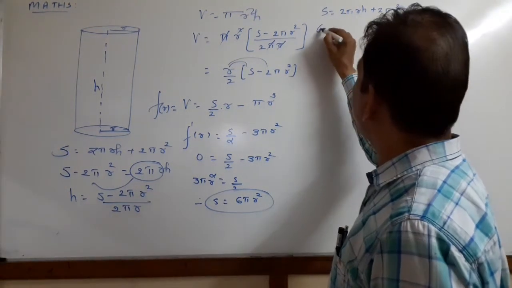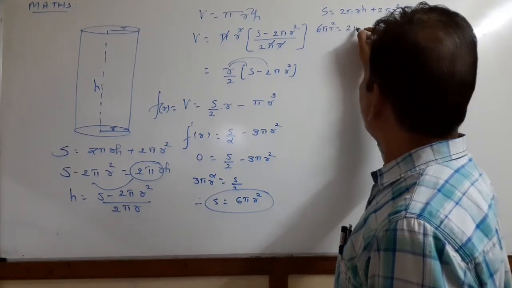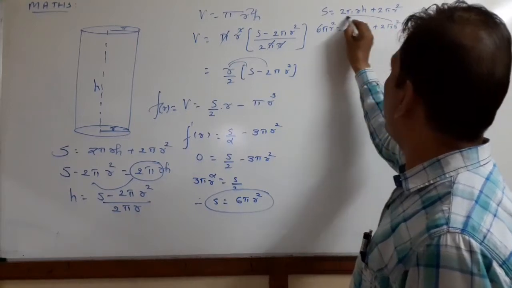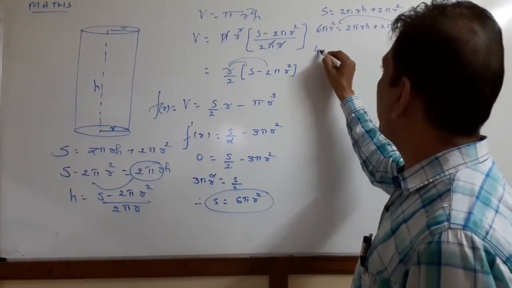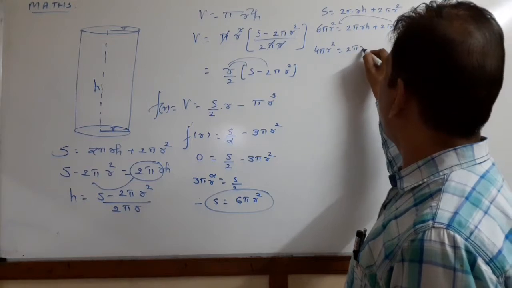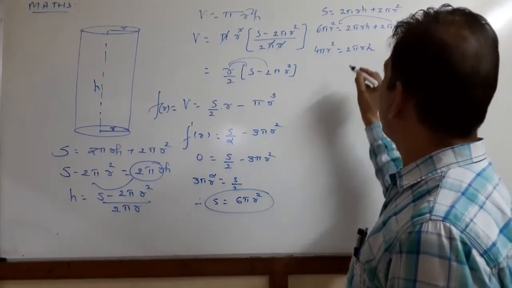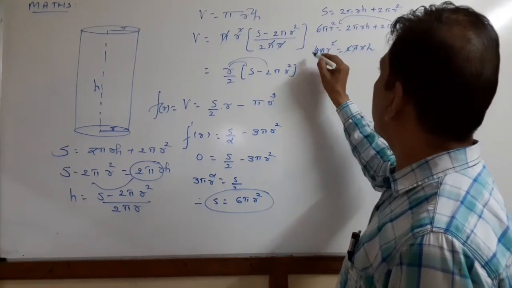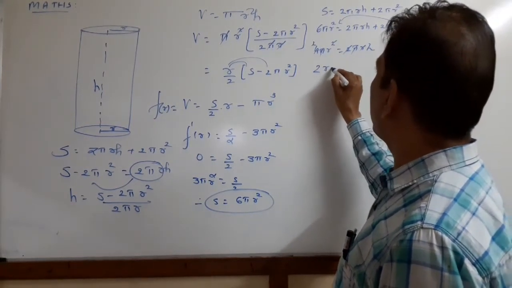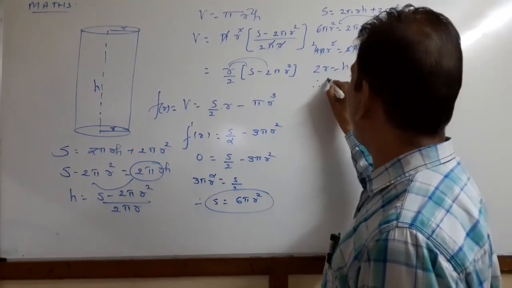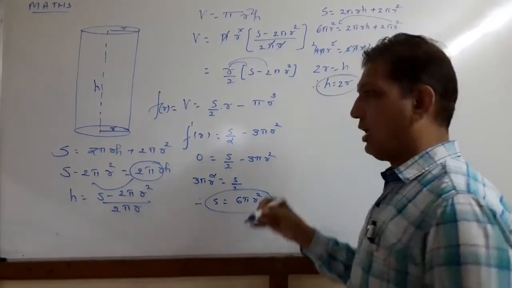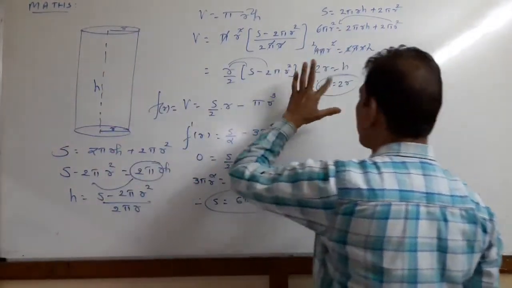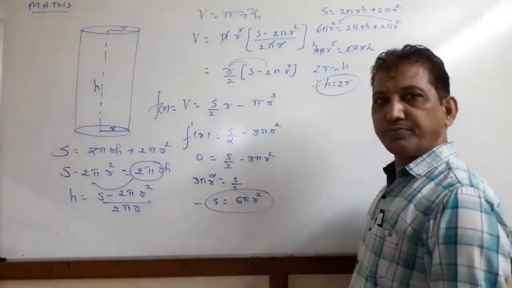Now put S equal to 6 pi r square, so 6 pi r square minus 2 pi r square, 4 pi r square equals 2 pi rh. Okay, now pi cancels, r cancels one time, and 2 times 2 is 4. So here 2r equals h. Therefore our first answer is proved: the height equals the diameter of the base. Height and diameter of the base are both equal.